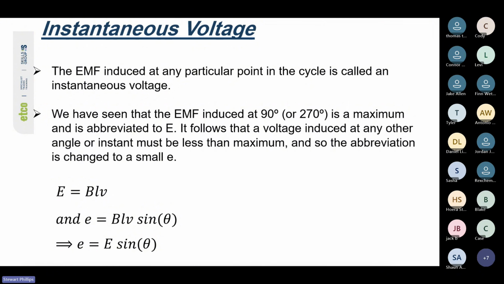So we've got a peak voltage of 500 volts. What is the voltage at 27 degrees?